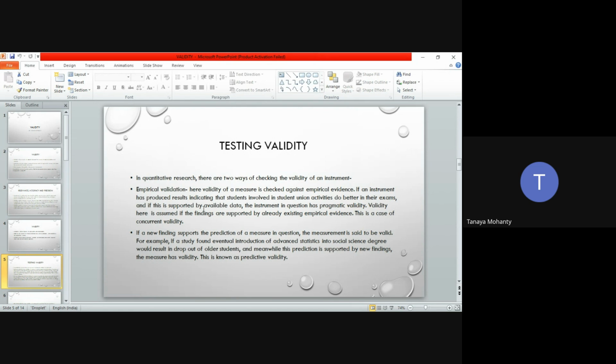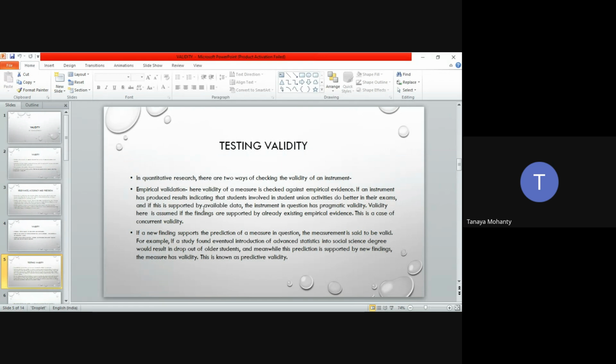Say, I would say that this data is pretty old, it was 10 years old or 5 years old. I'll say okay, let me take up a survey using the same question and I'll try to test it right now. This is also called concurrent validity, where you are trying to test the empirical validity of that particular problem.